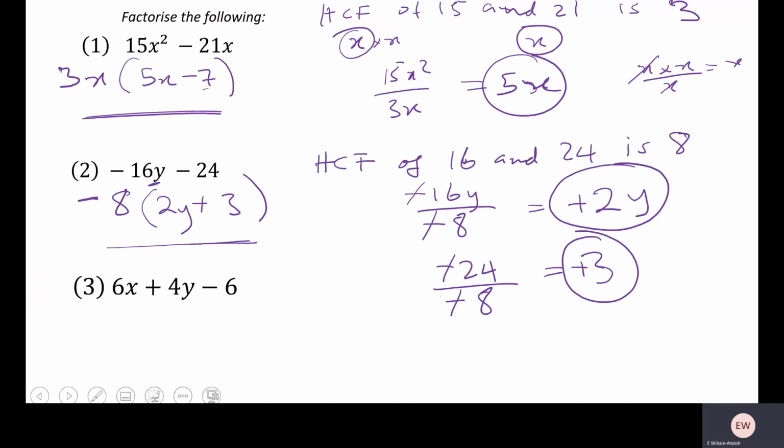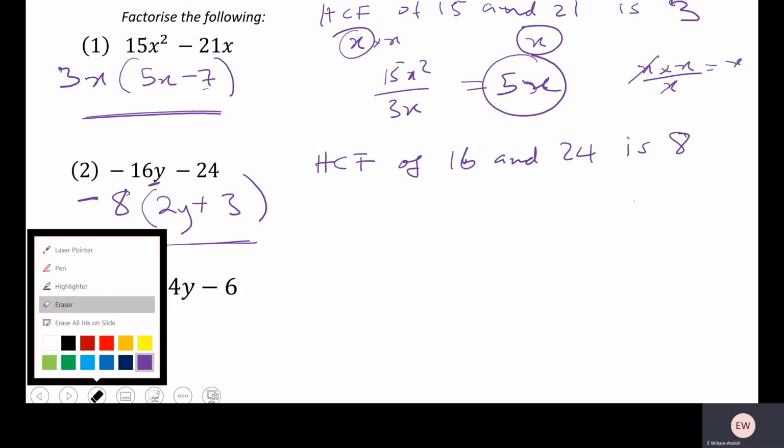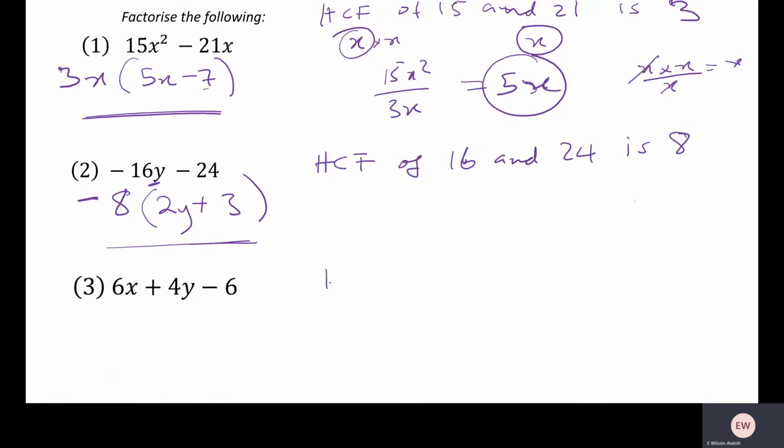We move on to our last example. Now, in this example, we have the HCF. We find the HCF of 6 and 4, because the numbers there are 6 and 4. And this is 2. So we bring 2 out. Now, let's check the variables.